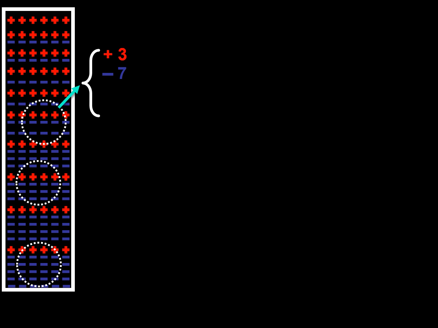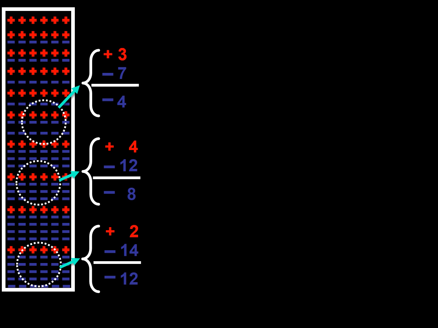The area on the top has 3 positive charges and 7 negative charges. So the value under the electrode will be 4 negative charges. The value under the electrode in the middle will be 8 negative charges. The value under the electrode on the bottom will be 12 negative charges.